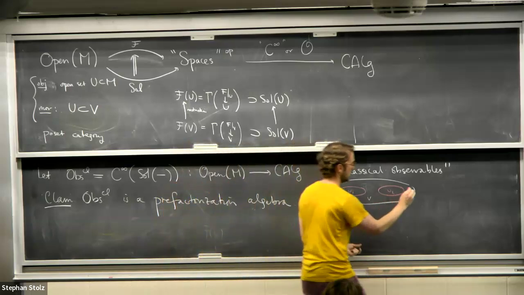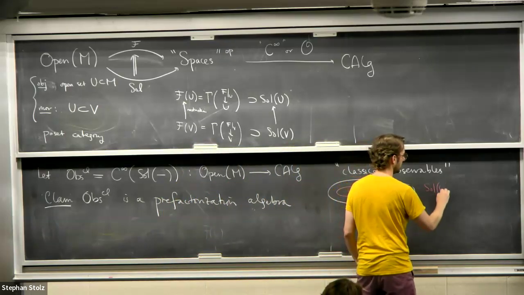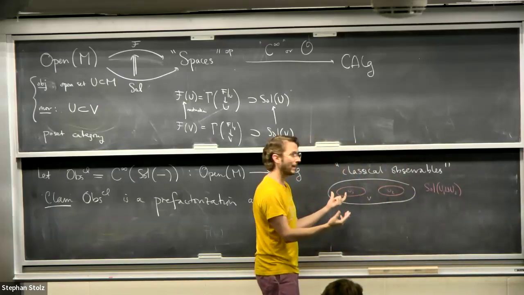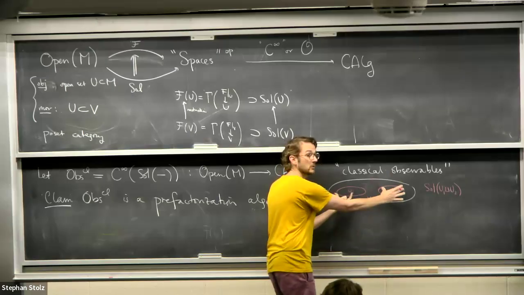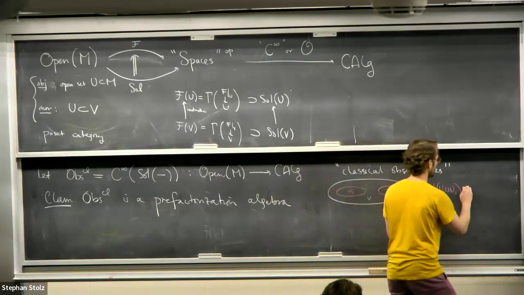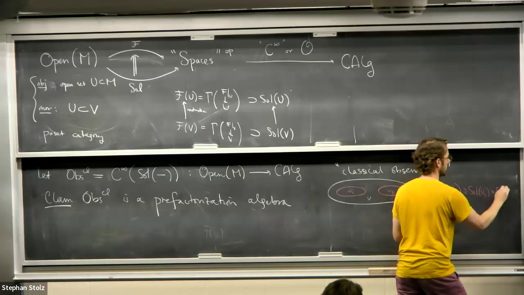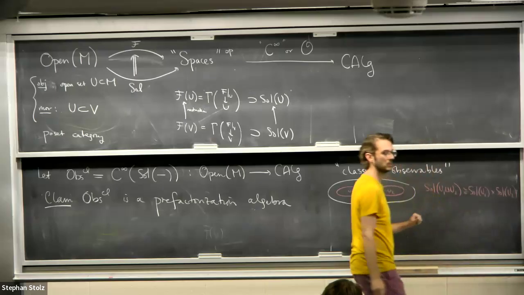Solutions on U1 disjoint union U2 amounts to getting a solution on U1 and a solution on U2. So this is naturally isomorphic to solutions on U1 plus solutions on U2.